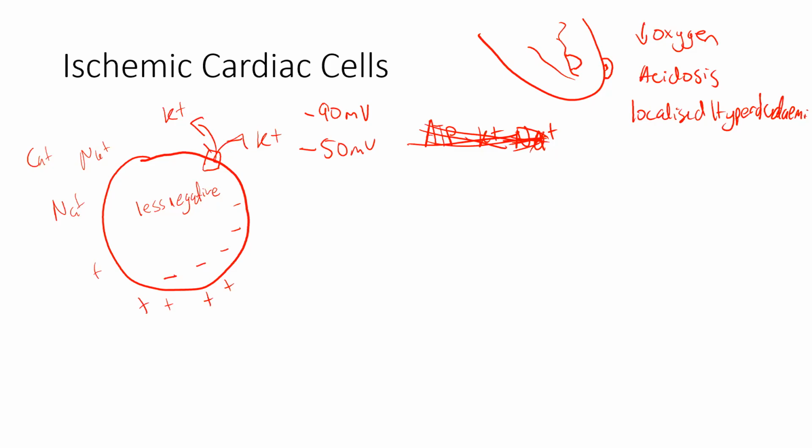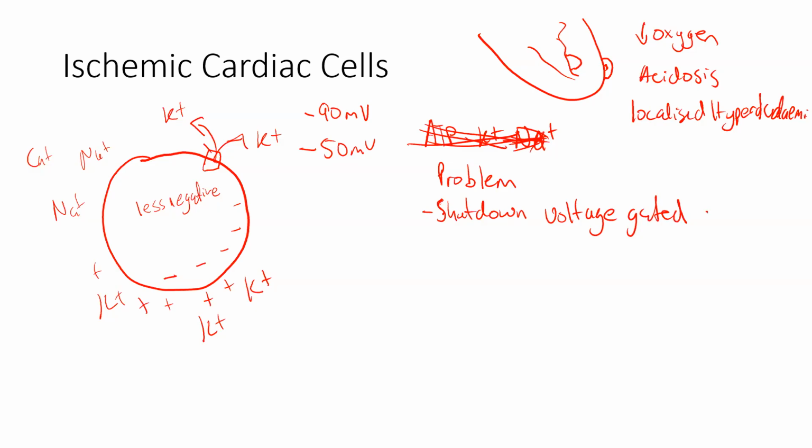The problem with that is, when the cardiac cell is less negative, because there's more positive potassium now outside of the cell that's leaked out from it, you have a dysfunction or a shutdown of the voltage gated sodium channels.